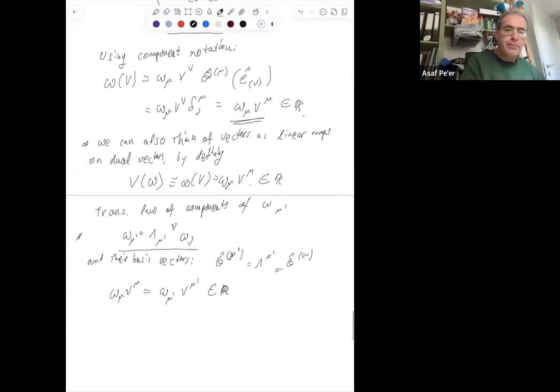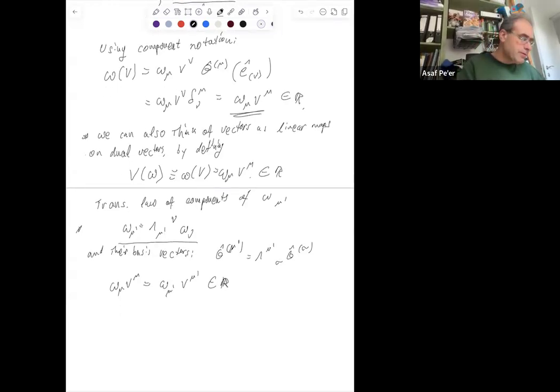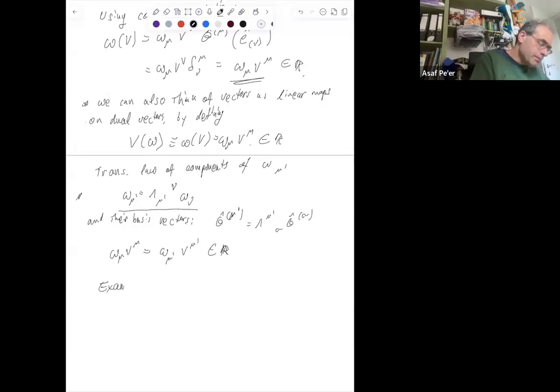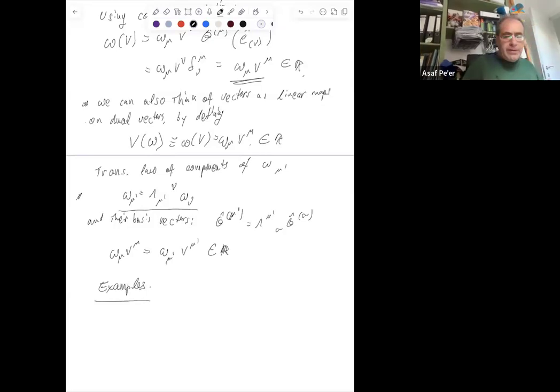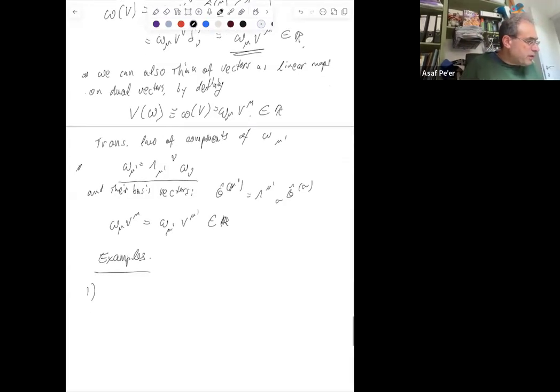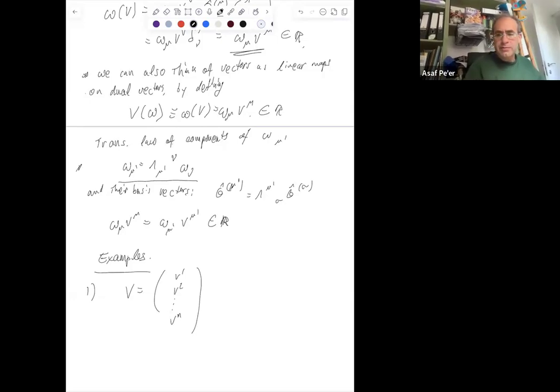Okay, now you ask for examples. Let's give a few examples. The simplest and most familiar way to think of things is to think of vectors as column vectors in n-dimensional space. So V, I'm just going to write it as V1, V2, up to Vn. And covectors would be row vectors.